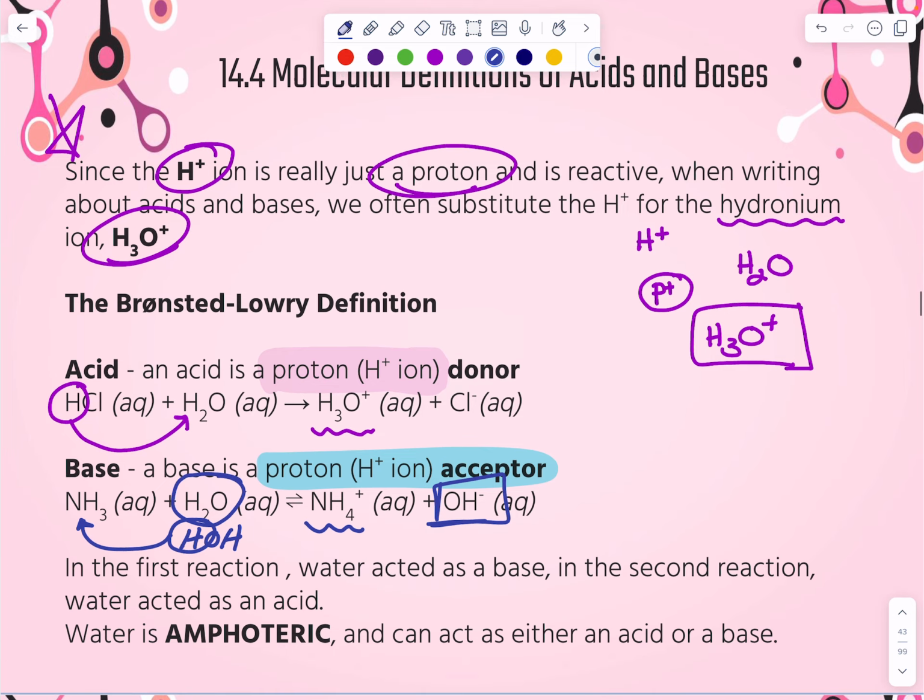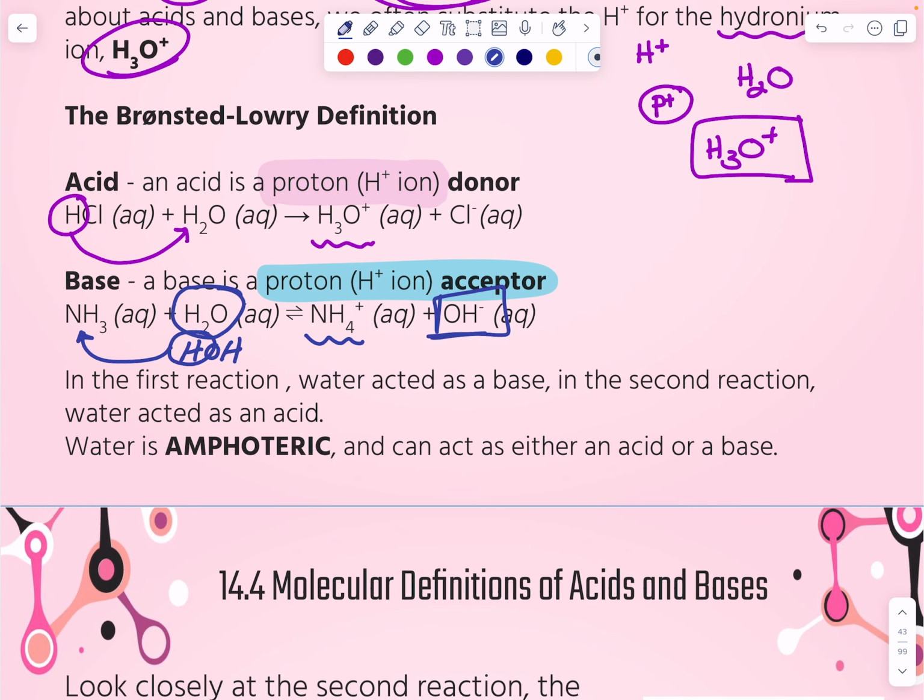That's why we knew we needed to broaden our definition of a base, because we know ammonia is definitely a base. It has a pH greater than 7, it turns litmus paper blue, it feels slippery, it has all of the characteristics of a base.